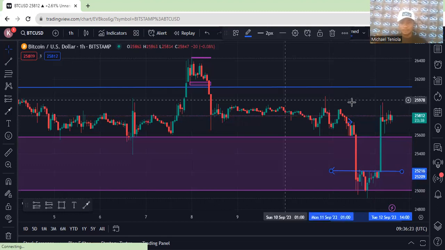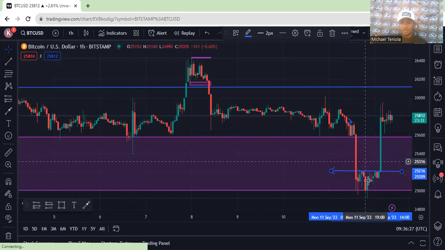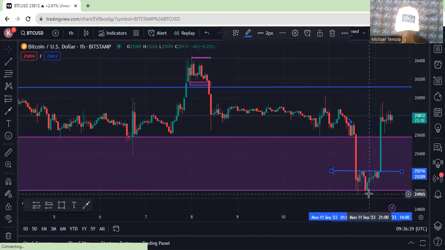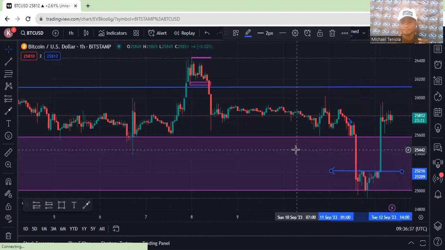We can see lower high, lower low, lower high, lower low, and currently the big bull has broken the market up. So we had a break of structure in this region, and this indicates that the big bull is in control of the market trend at the moment.